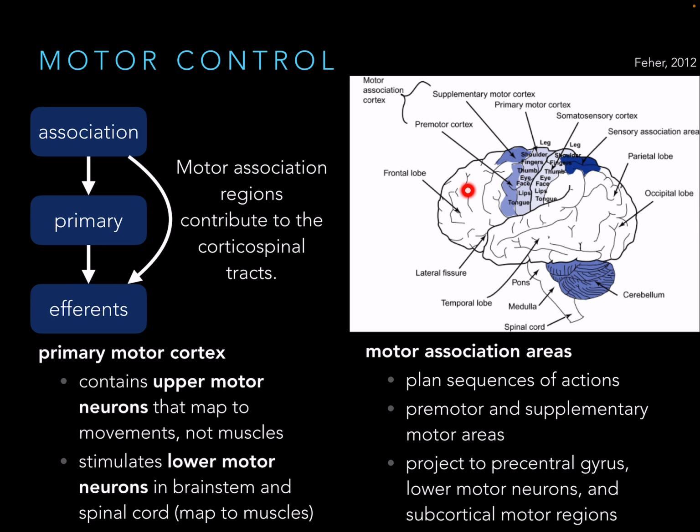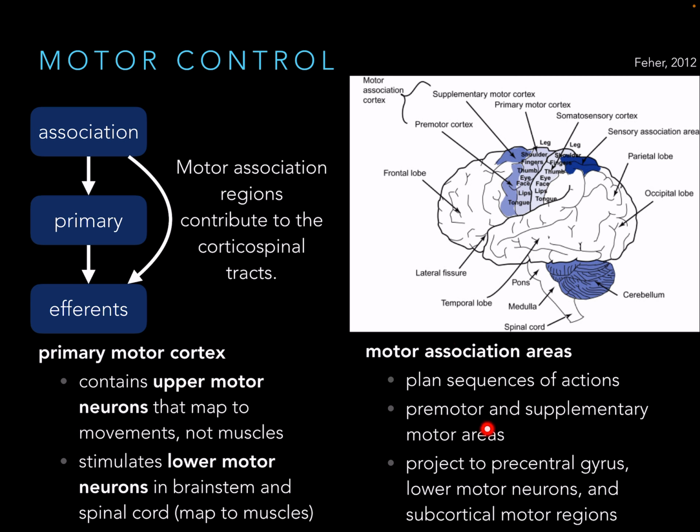So in the front, here's my primary motor cortex, and then I've got my motor association areas, the supplementary motor cortex and the premotor cortex. And these are going to plan what actions I should carry out based on my internal plan and also based off of sensory input. If I'm going to reach for my cup, I need to know where it is. If I'm going to drive my car successfully, I need to know the color of the light.